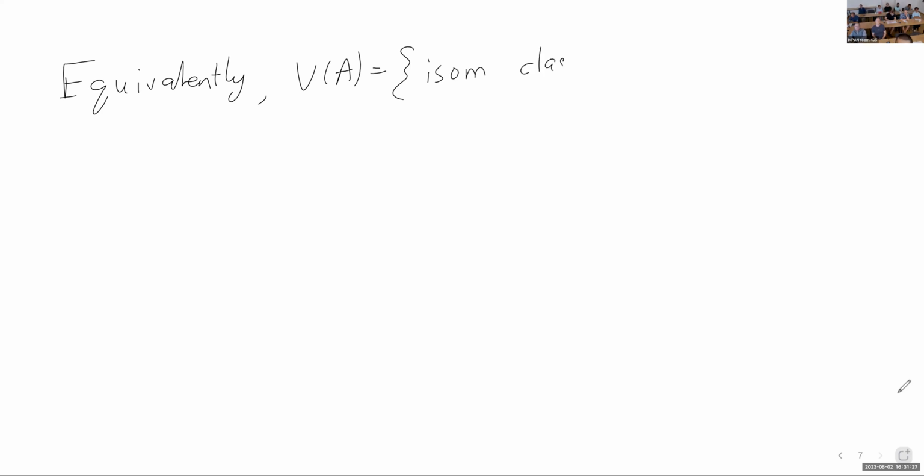Okay, so equivalently, you could define this as the semigroup of isomorphism classes of finitely generated projective right A modules.